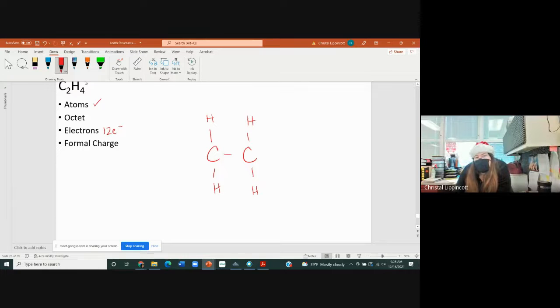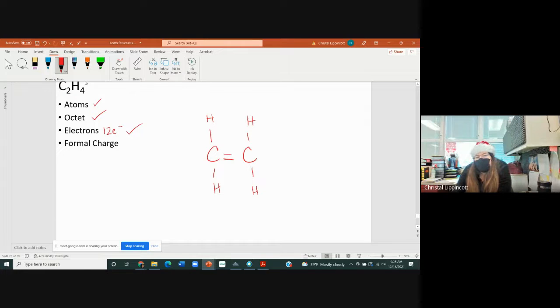Hydrogens can't take any more. Carbons, I could put one here and one here, but that doesn't work because then this would have 2, 4, 6, 7. So that doesn't work. What am I going to do, Aiden? Yep, I'm going to double bond here. That's going to complete my octet for both of my carbons. Both of my hydrogens will be good. And I have 12 electrons placed.